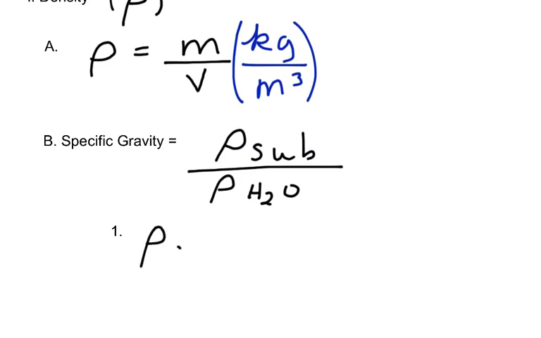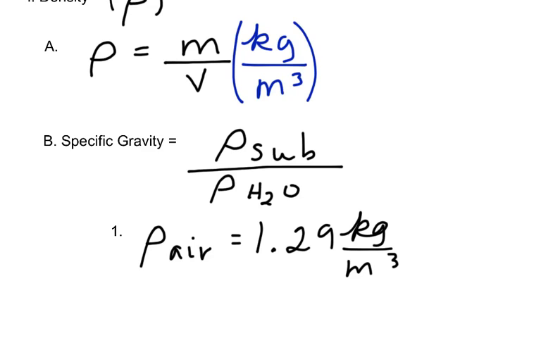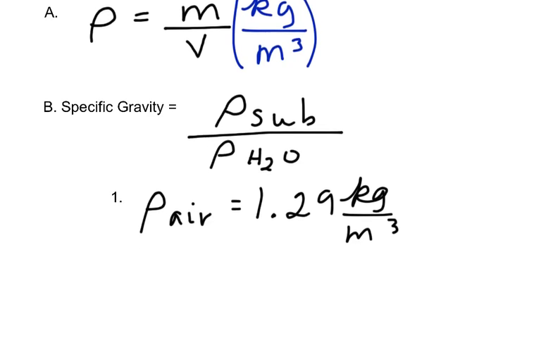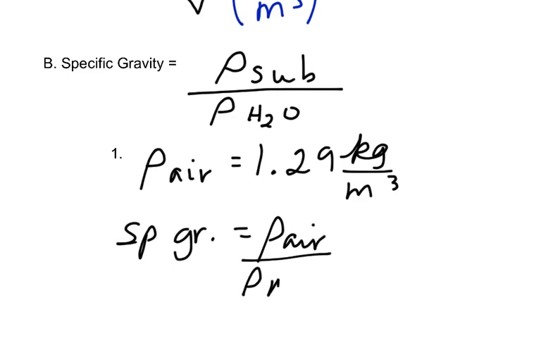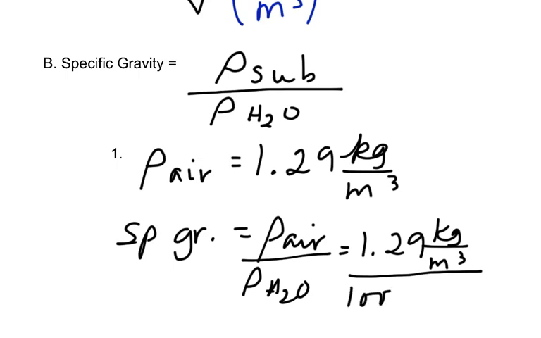So let's say you have the density of air, which is 1.29 kilograms per meter cubed, and you are asked to find the specific gravity of air. So the specific gravity of air would be the density of air divided by the density of water, which would be 1.29 kilograms per cubic meter divided by 1,000 kilograms per cubic meter.